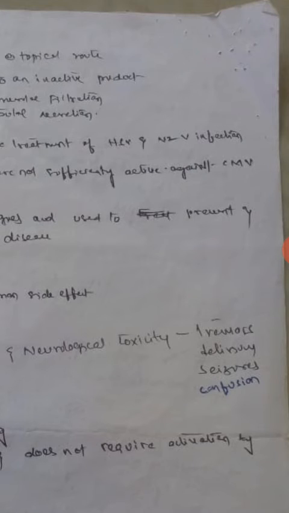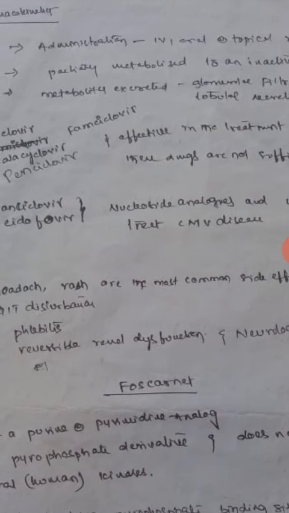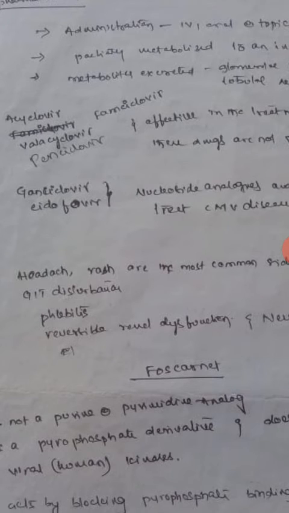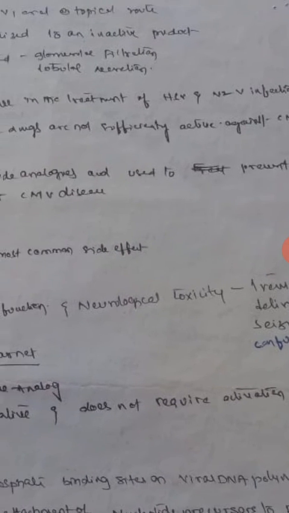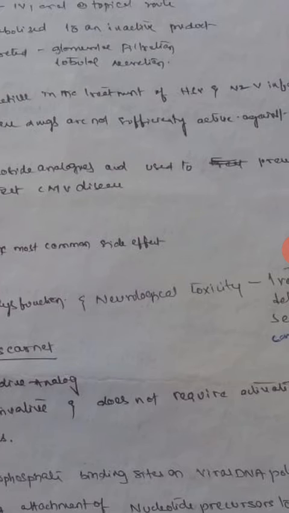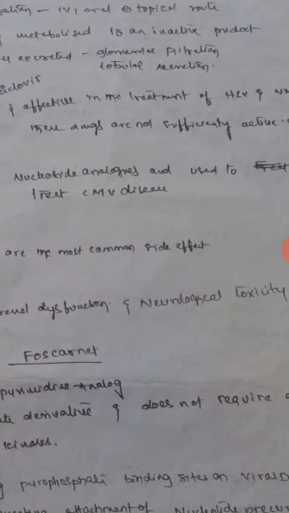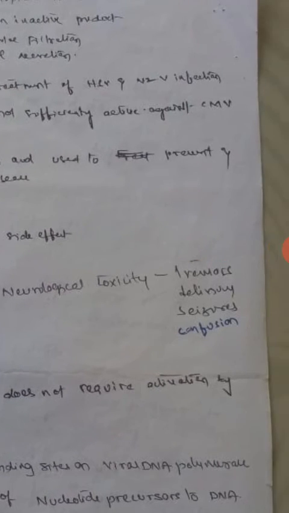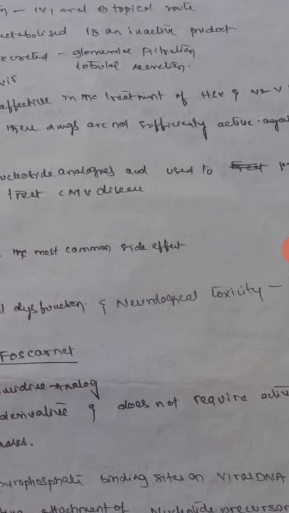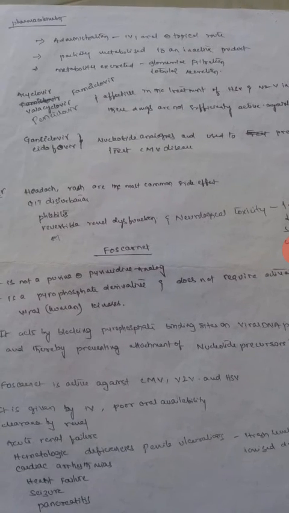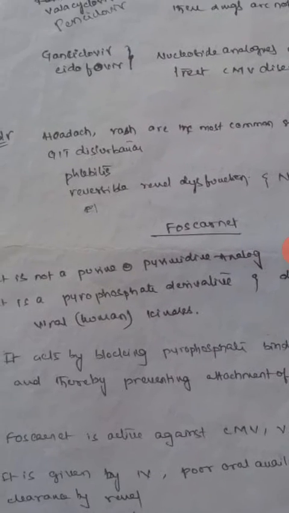They are not effective against cytomegalovirus. Cidofovir and ganciclovir are used for the treatment of cytomegalovirus. They are nucleoside analogs used to prevent or treat cytomegalovirus.